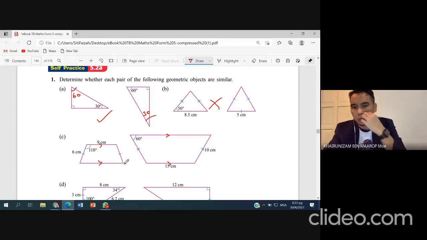Mostly this one is a parallel line, so we can get the angles here. 180 minus 110, so we get 70. This one we get 120.